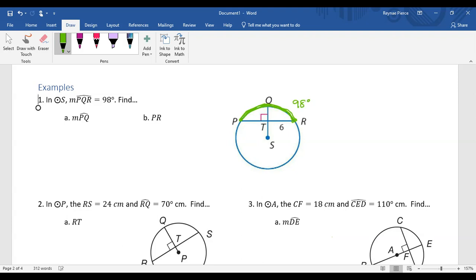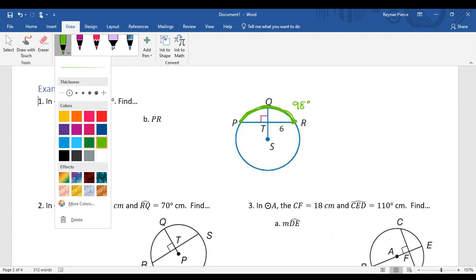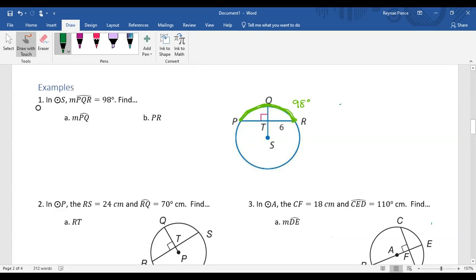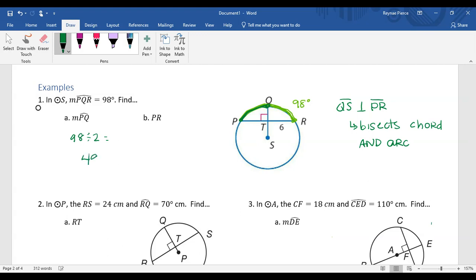In our picture here, we see that QS is perpendicular to the chord PR, which means it bisects the chord and the arc. So if we're looking for the measure of just arc PQ, we need to do 98 divided by 2 for a total of 49 degrees for that arc.